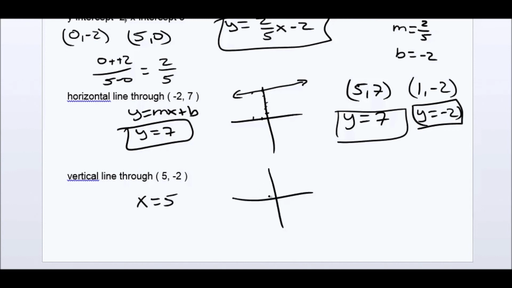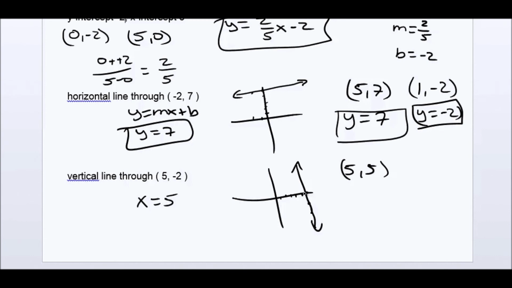So if we graph this at x equals 5, 1, 2, 3, 4, 5, and this is a vertical line going through x equals 5, we know that 5, -2 is a point that's going to be on the line. Or if we had 5, 5, we know that's also a point that lies on x equals 5.